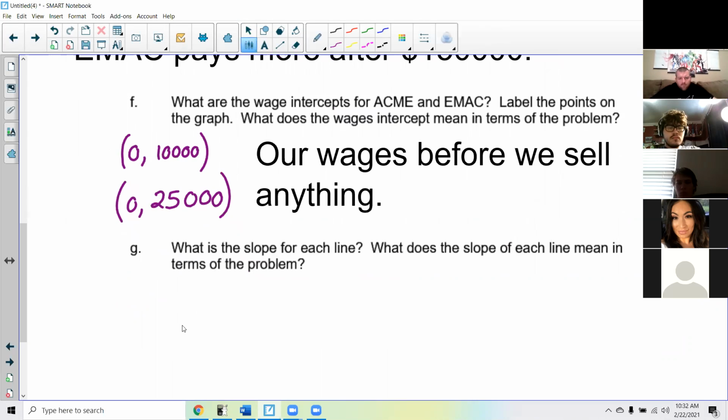And it says, what's the slope for each line? Well, the slope for Acme is just a flat rate. There's no X term. So the slope of a horizontal line is 0. The slope for Emac is the coefficient of the C variable, which is 0.1.